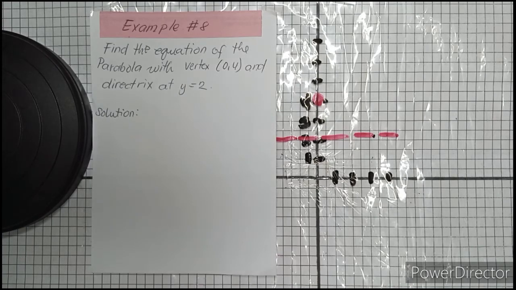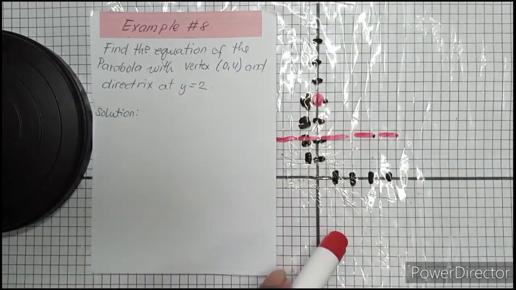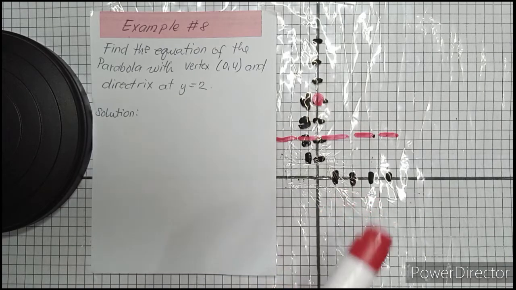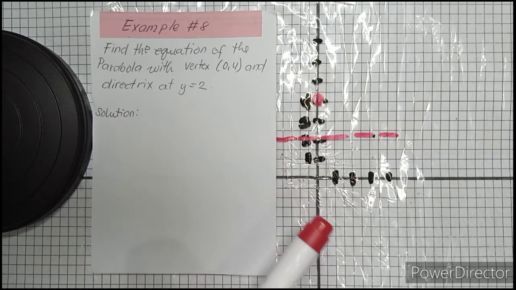So, dito pa lang sa ating graph, makikita na natin kung ang ating parabola is open upwards or downwards. Since ito yung vertex natin, yung focus natin is nasa loob ng parabola, and hindi pwedeng mag-meet si parabola at ating directrix.